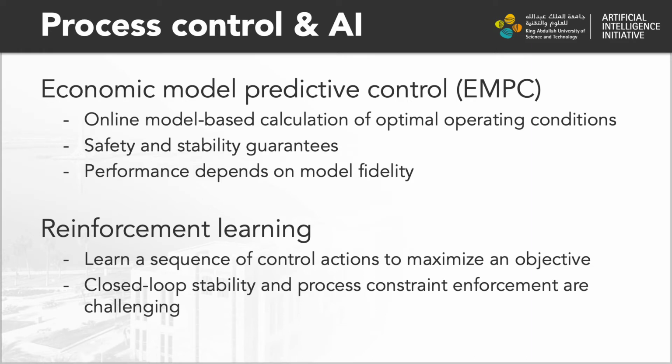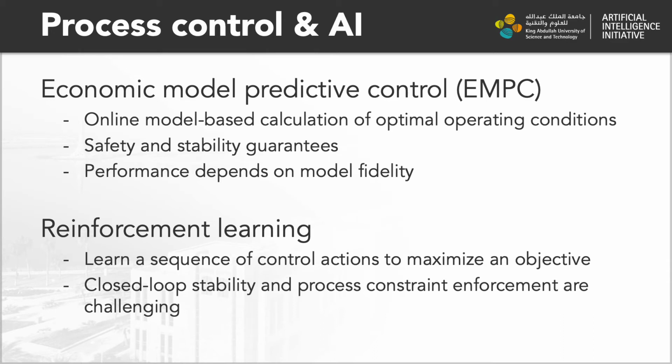On the other hand, reinforcement learning aims to find the sequence of inputs that drives a dynamical system to maximize some objective, beginning with a minimal knowledge of how the system responds to inputs. However, with reinforcement learning, closed-loop stability and process constraint enforcement are challenges that make it less suitable for control tasks.